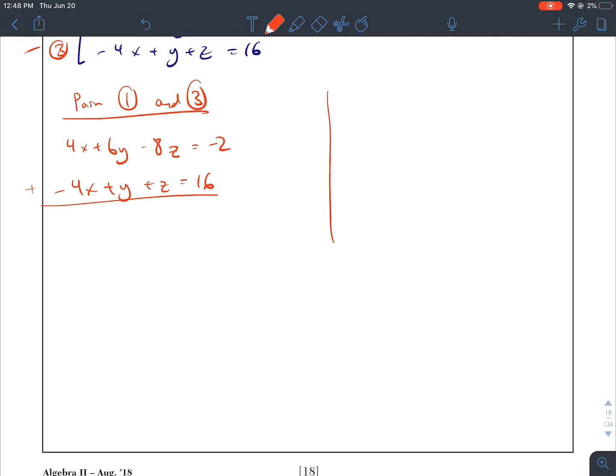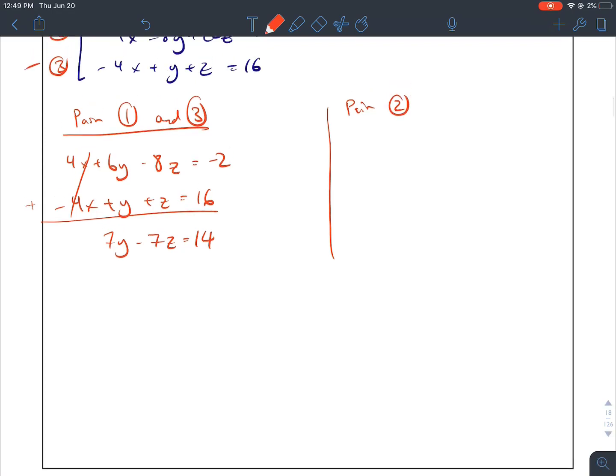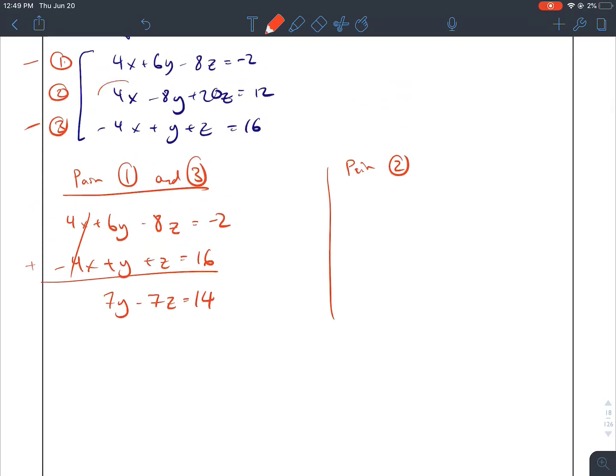So adding these equations together gives us 7y minus 7z equals 14. Now let's pair up 2 and 3 for the same reasons, because we have a positive and a negative here. The reason why we're pairing up the second pair is our equation here still has y and z, so we need to get a second yz equation in order to eliminate y or z.